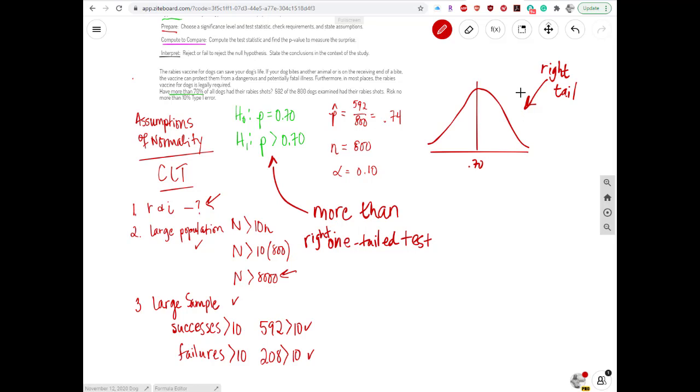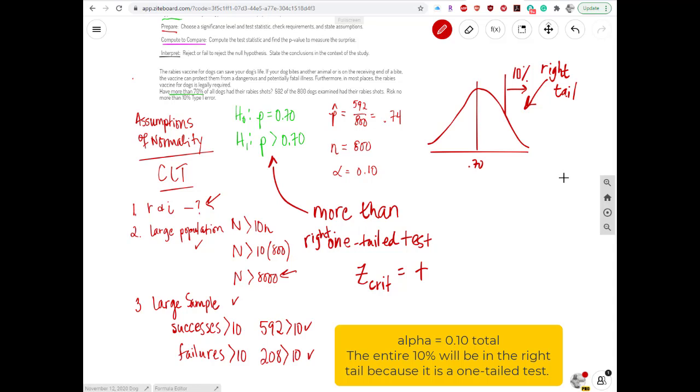Okay, so we're going to need to find the ZCrit that is going to be positive, right? Because the z-scores that are greater than the mean are positive, and we've got to figure out what that is. Okay, so we've got to go to our ZCrit table, and we've got to find what that ZCrit is, so that 10% of the curve is to the right of that line.